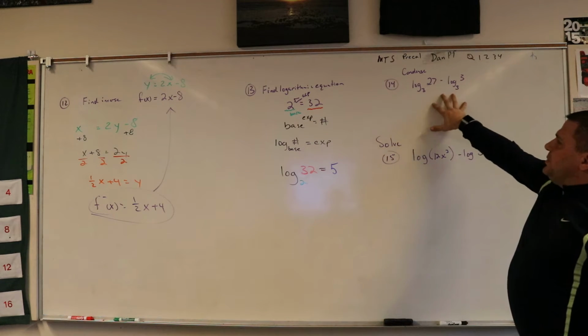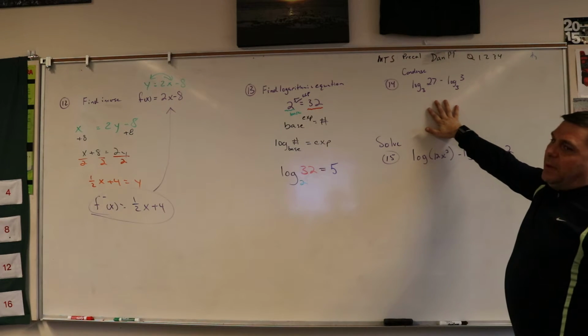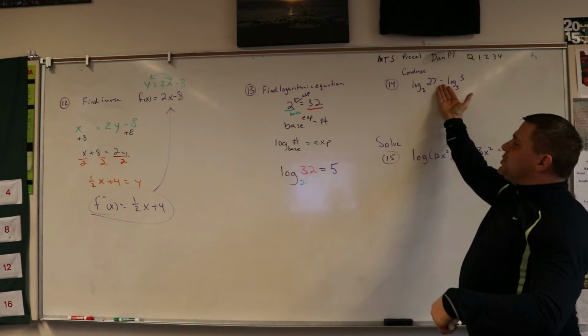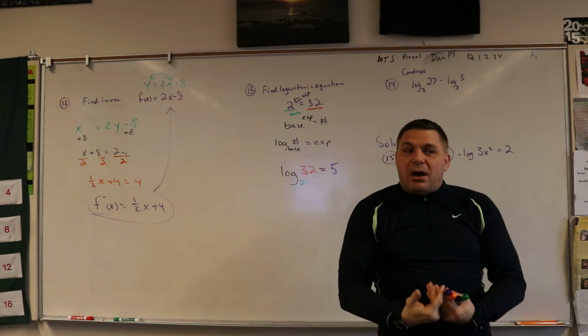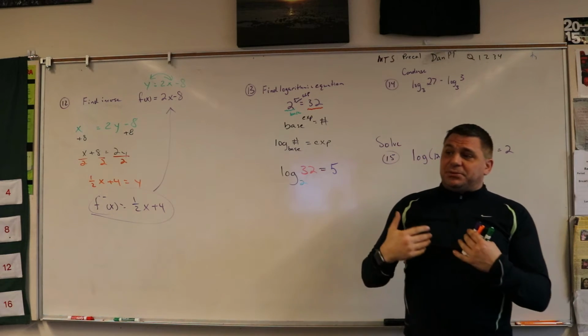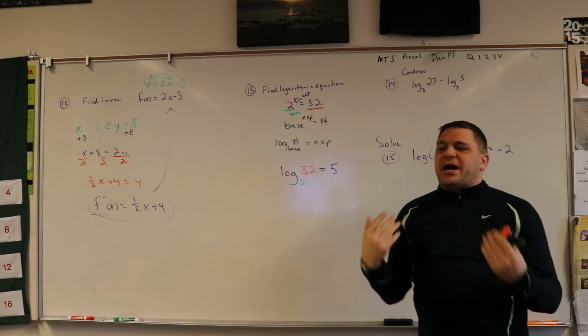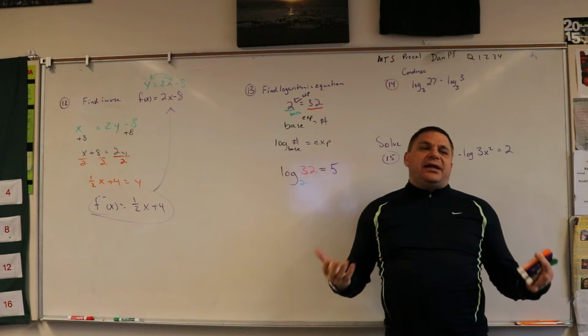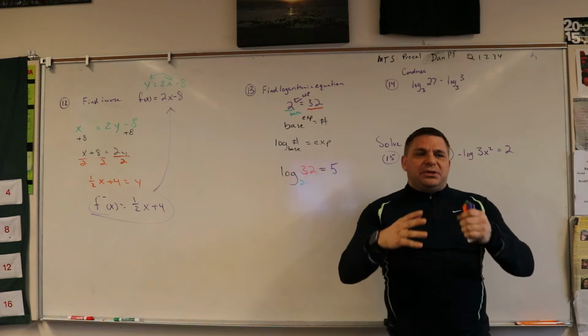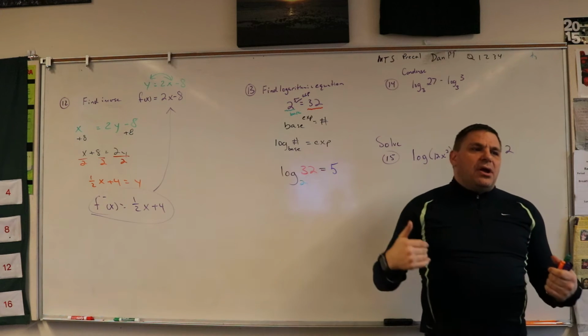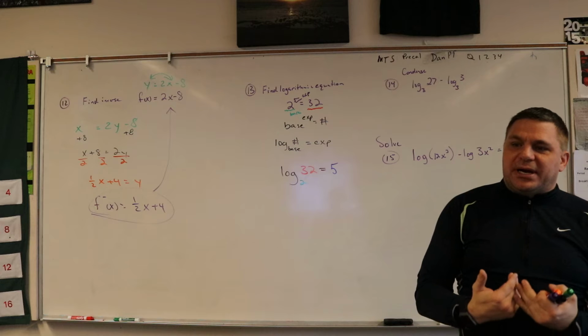Now, using the rules of condensing, we want to look at this and say, okay, subtraction in our power rules, right? In our exponential rules, when we subtract, we are dividing. Okay? So when we divide powers, we end up subtracting exponents, right?